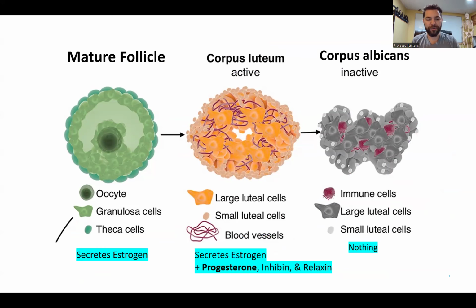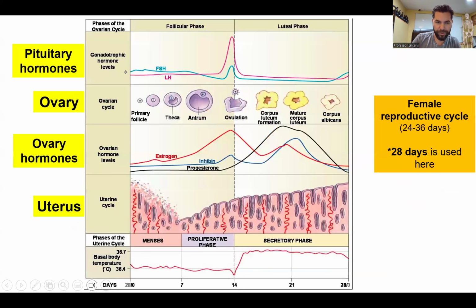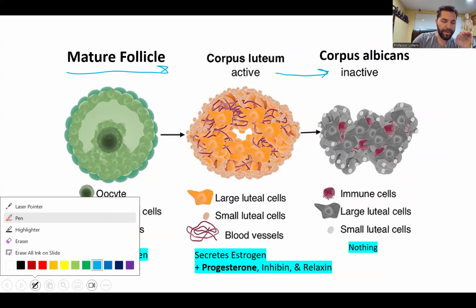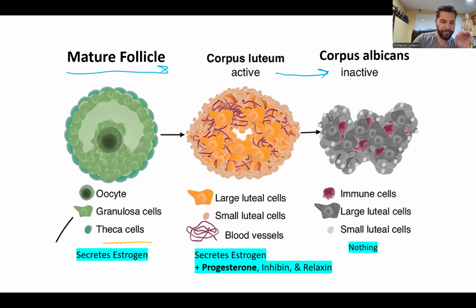And this is just showing you the three structures we talked about towards the end of that, from the mature follicle to the corpus luteum to the corpus albicans. But the big picture here is what hormones are being produced. That mature follicle had those theca cells that were producing estrogen.